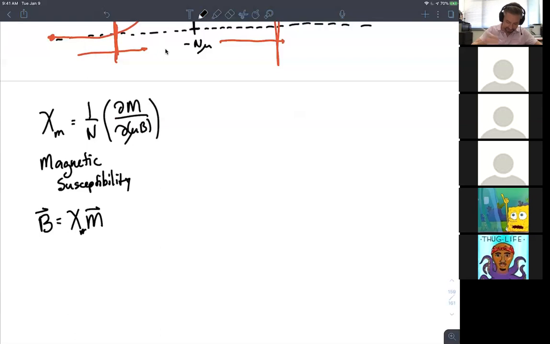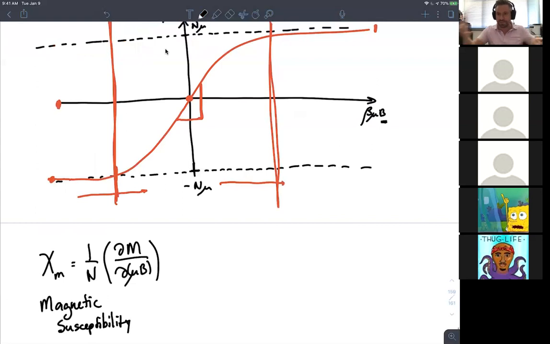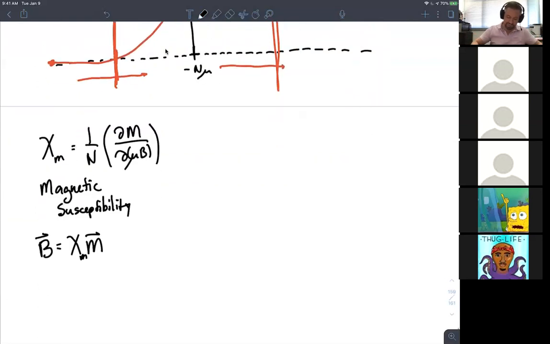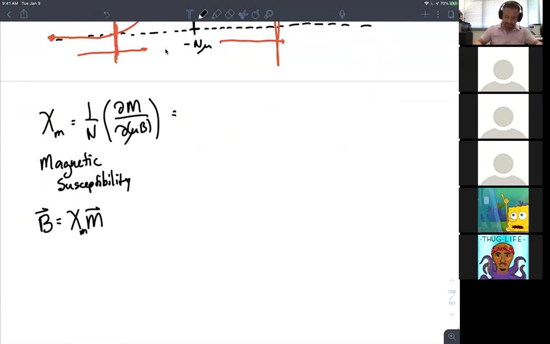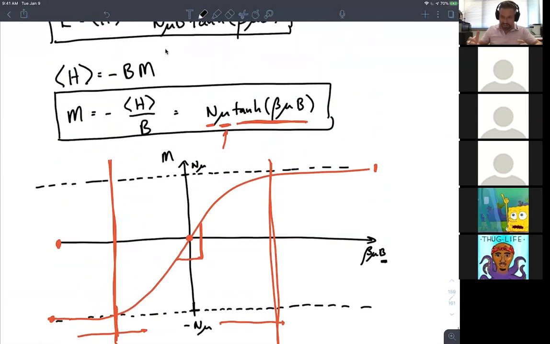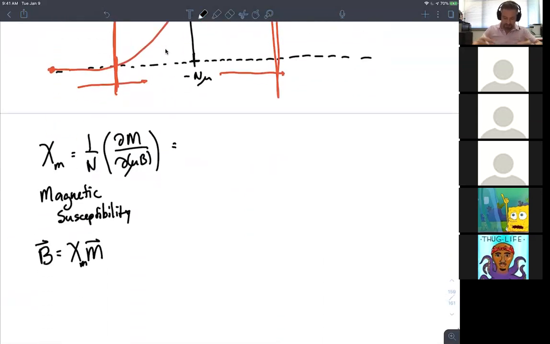That's the magnetic susceptibility. In other words, the magnetic susceptibility is a measure of how easy it is to magnetize a system. In other words, it's the slope of this function. And so now if you take our magnetization, which is this tanh, and take the derivative with respect to mu b, what you get is beta times 1 minus tanh squared of beta mu b.